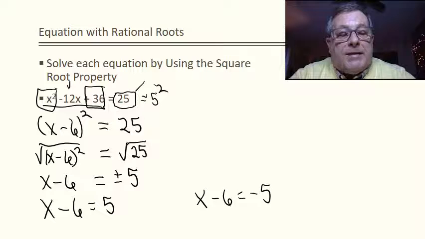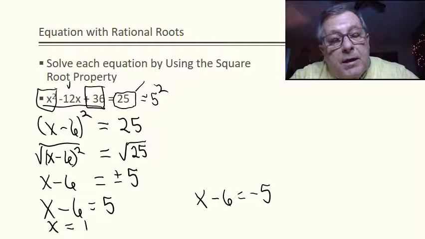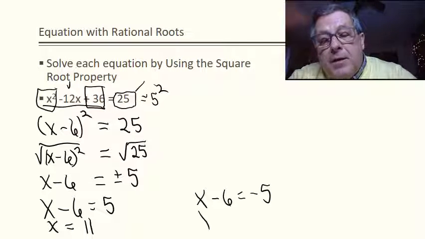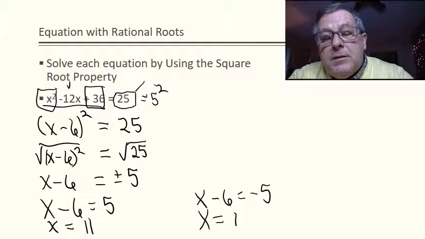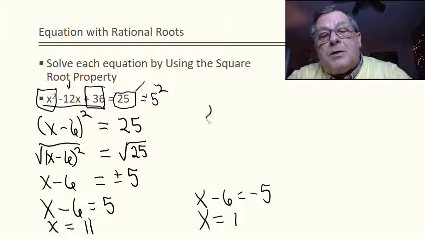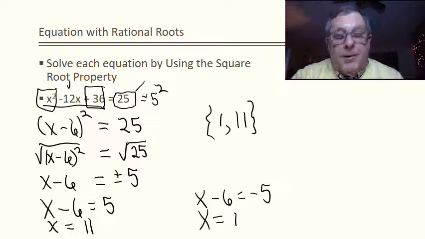And then I'm just going to add 6 to both sides on each of these equations, and over here I would end up with x equals 11, adding 6 to both sides. And when I add 6 over here, I'm going to get x equals 1. 6 minus 5 is going to give me 1. And so therefore my solution set to this equation is 1 and 11. And there we go. We solved this equation using the square root property.